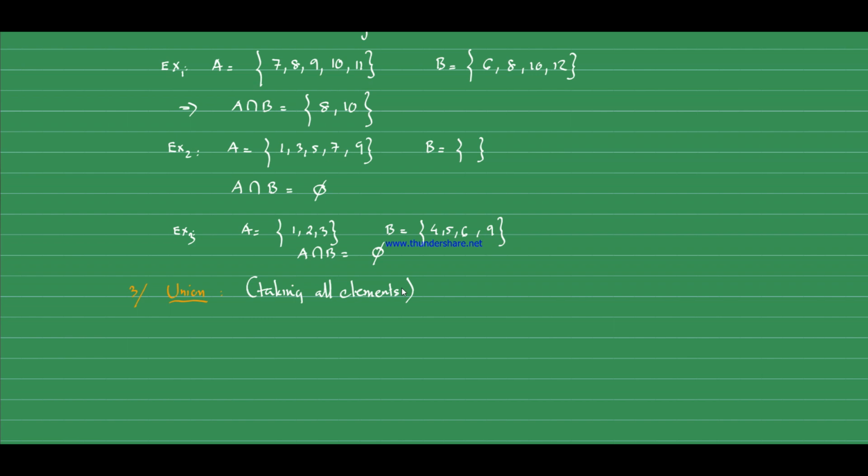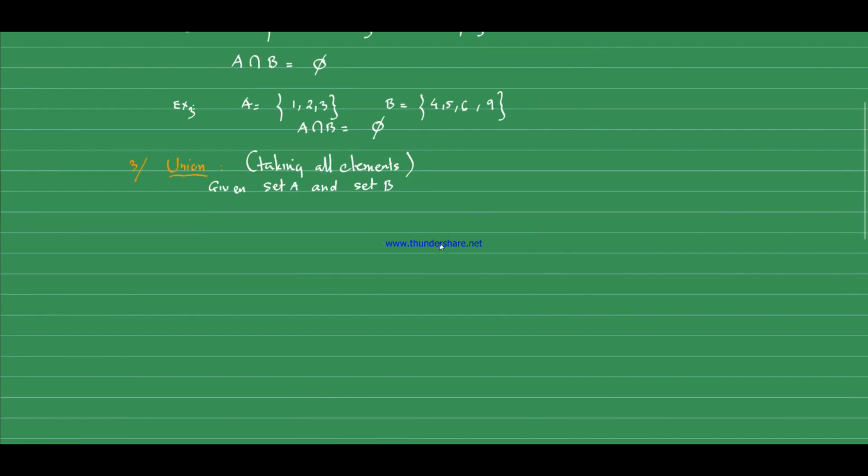And this is the mathematical definition of union. Given set A and set B, the union between set A and set B is notated as A union B.